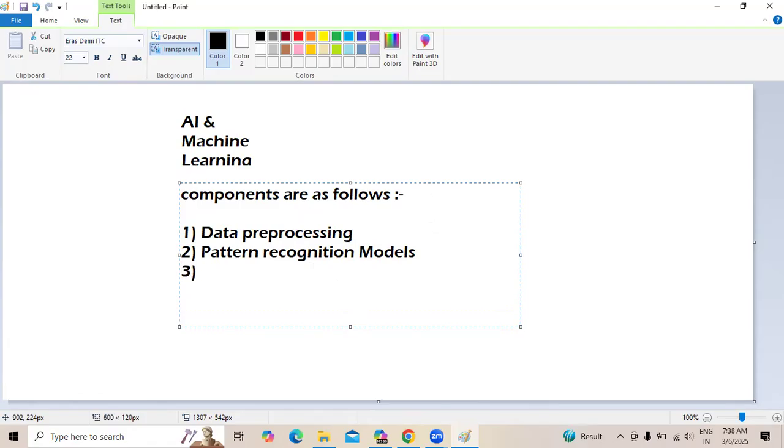Third one, real-time processing. These are the three different components normally we have. So first, data pre-processing; second, pattern recognition models; and third, real-time processing.